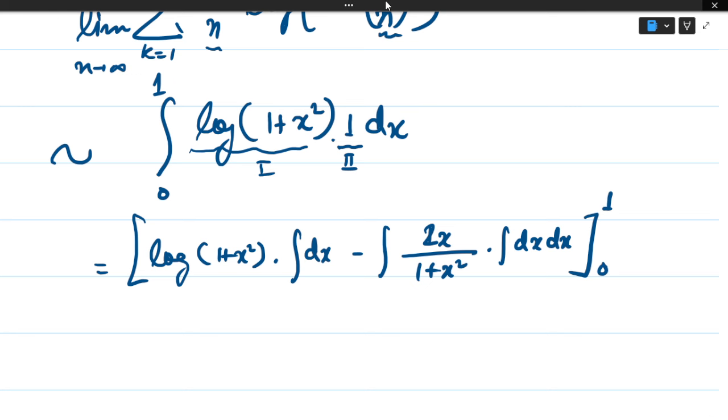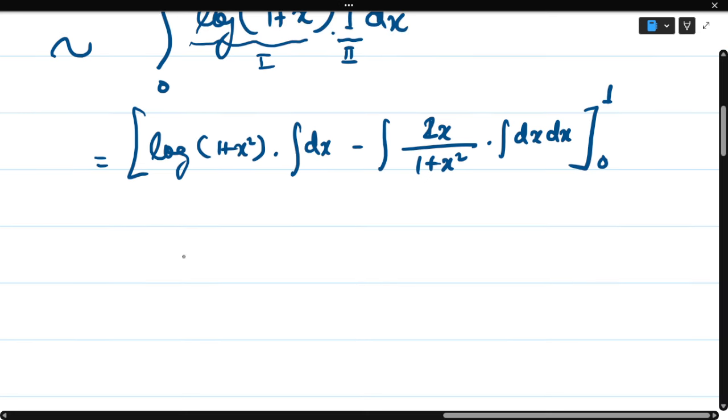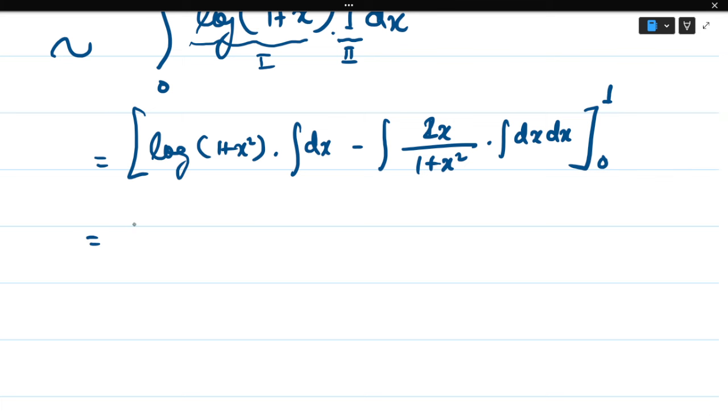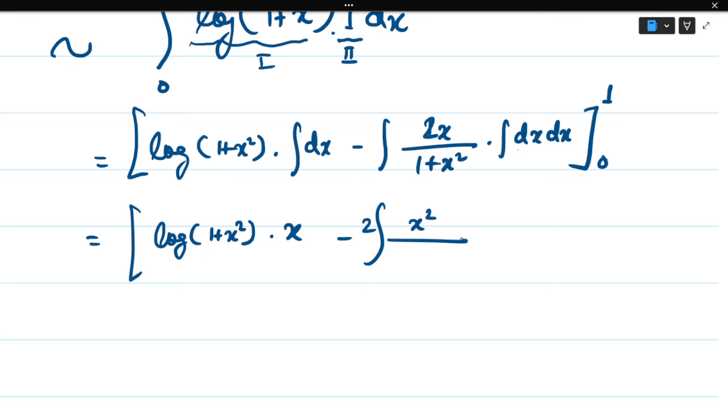So what we get is log (1 plus x square) dot x minus, integration of dx is x, so it will be 2x square upon (1 plus x square) dx.